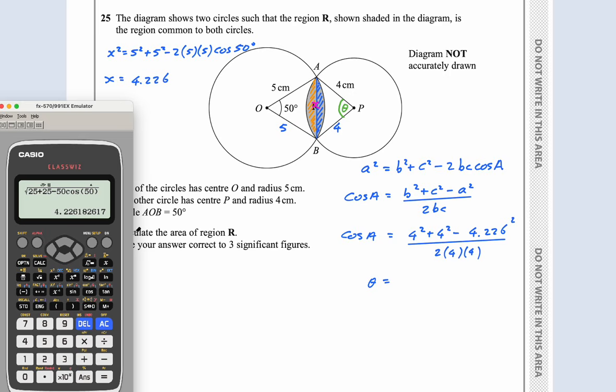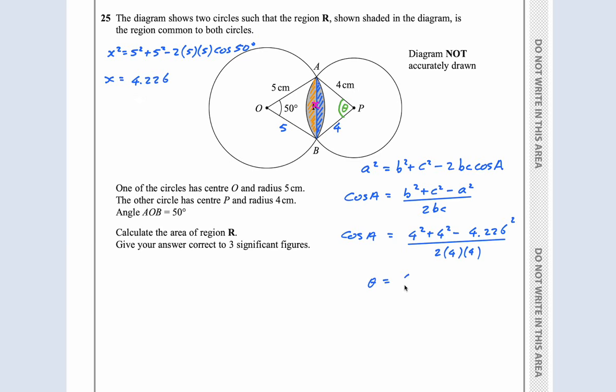Oh, he's just deleted it. Right, let's try that again. Inverse cos of 16 plus 16 minus 4.226 squared over 32. Close the bracket. Okay, that's better. So this angle here is 63.77. Okay, all that work just to get this angle.